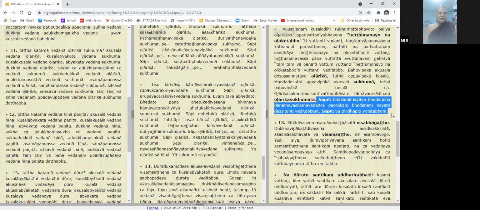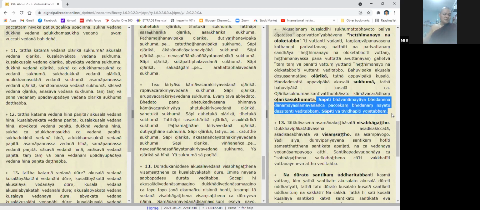Sabbe refers to the three kinds of vedana. You need to translate the word sabbe as the three kinds of vedana.